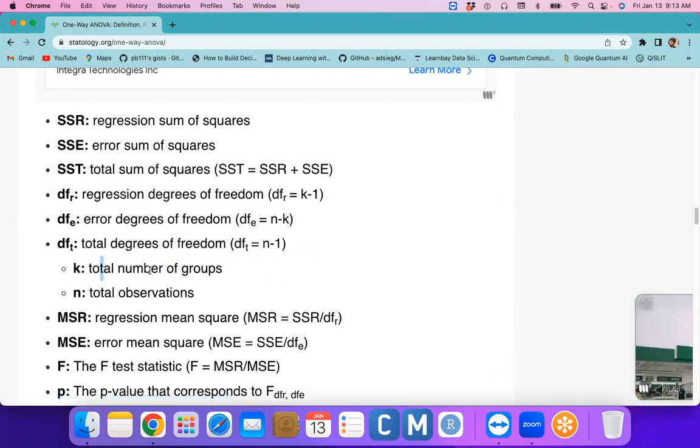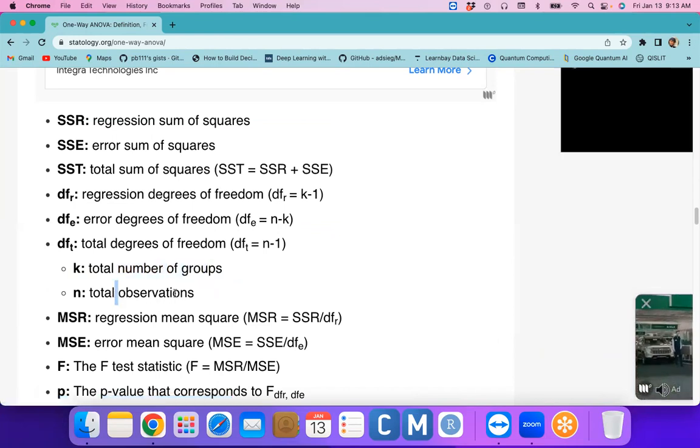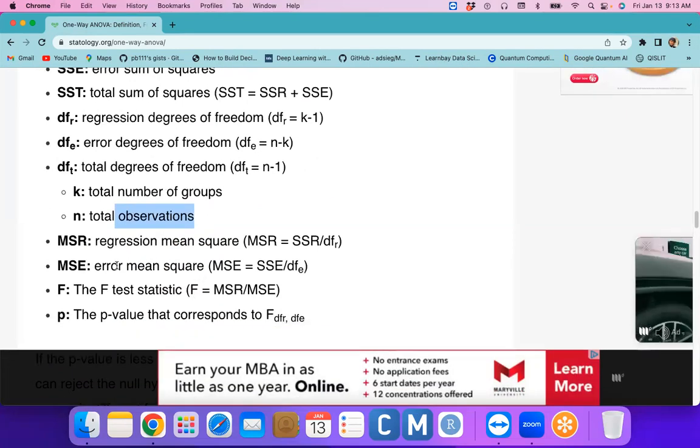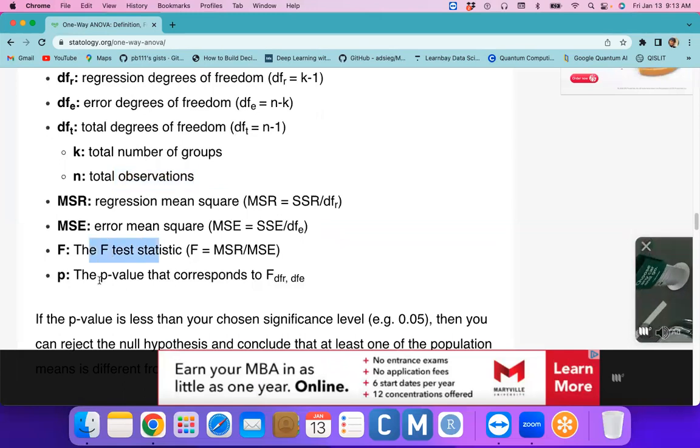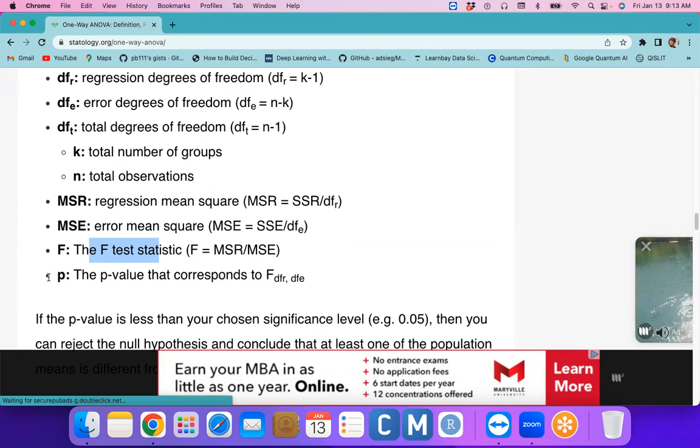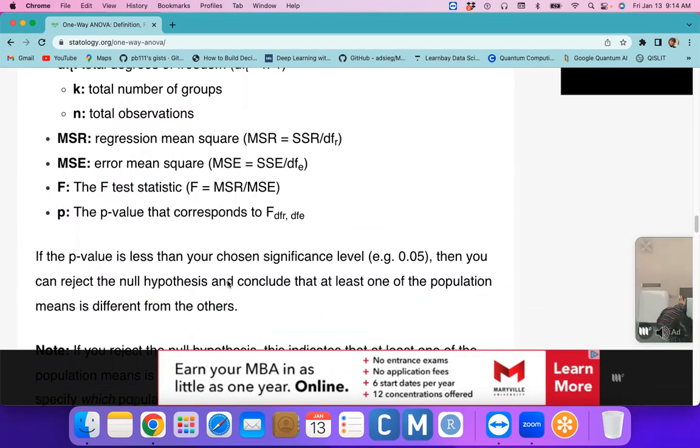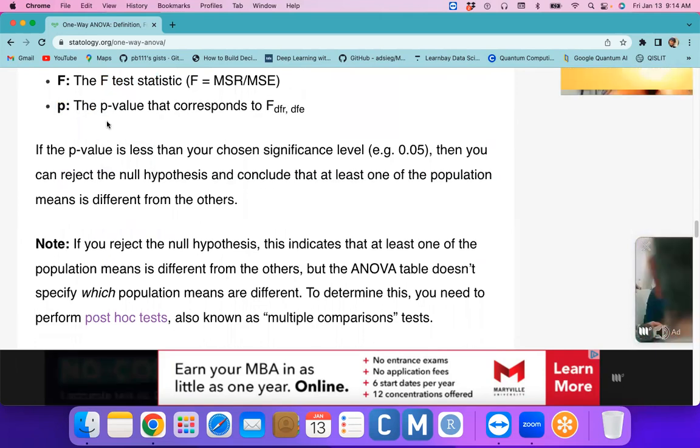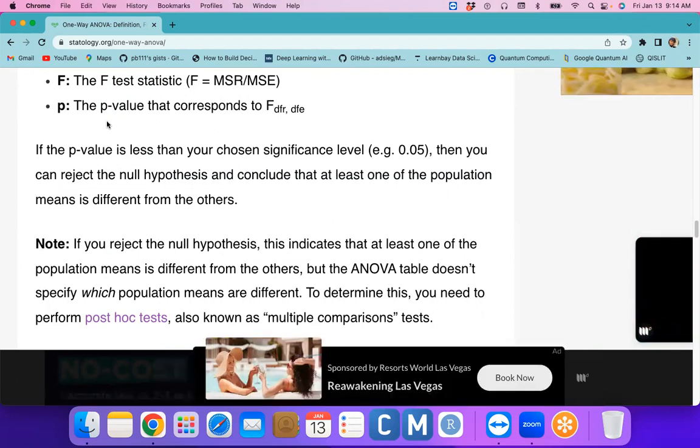K means the total number of groups, N means total observations. And this is the F value, and if we know the F value and the degree of freedom with error, then you can easily calculate the P value. Okay, so if the p value is more or less than the significance level, based on that we can reject or accept.